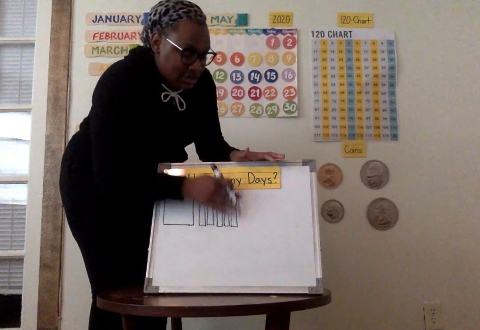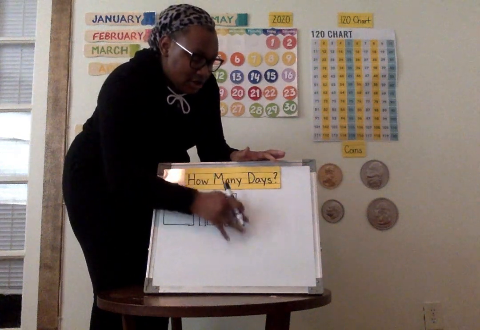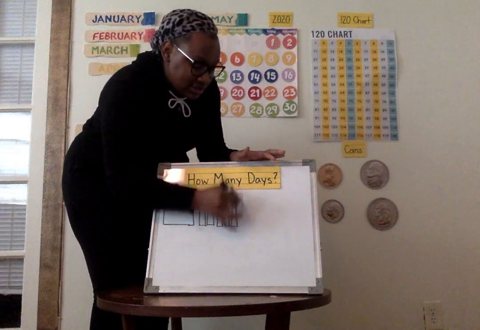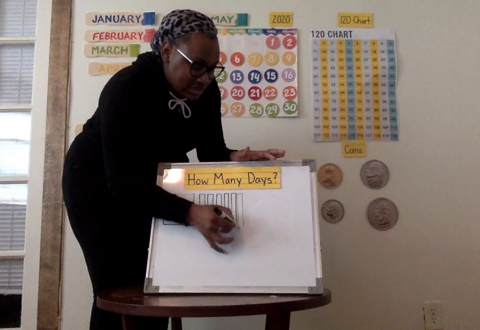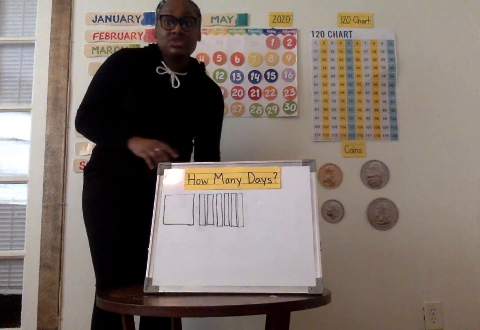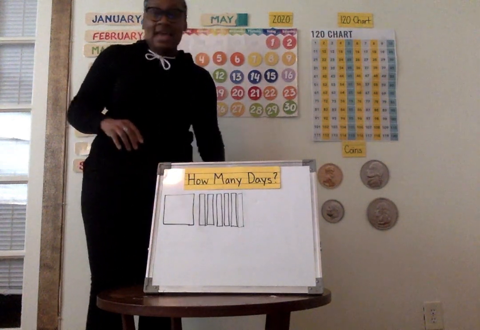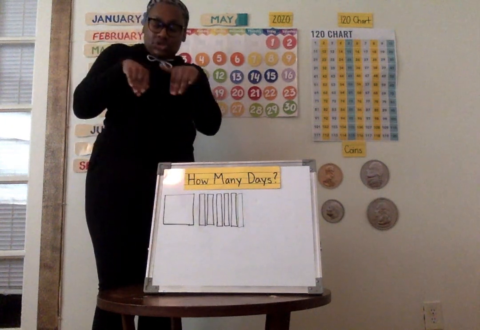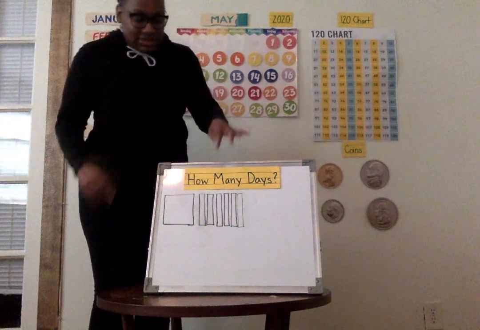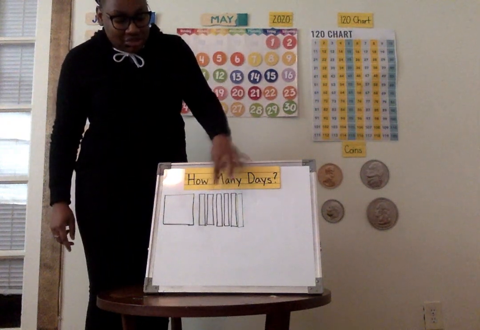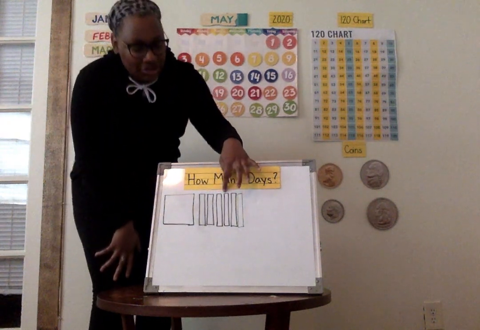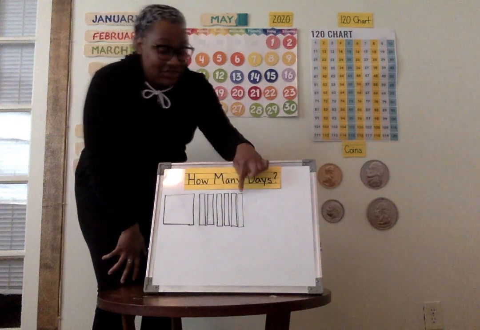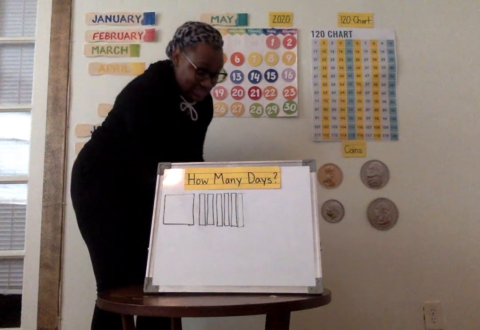So I'm going to go ahead and erase all of these ones and replace it with a 10 stick. Let's recount to see how many we have now. Get ready. 100, stop, switch. Count by tens. 110, 120, 130, 140, 150, 160.